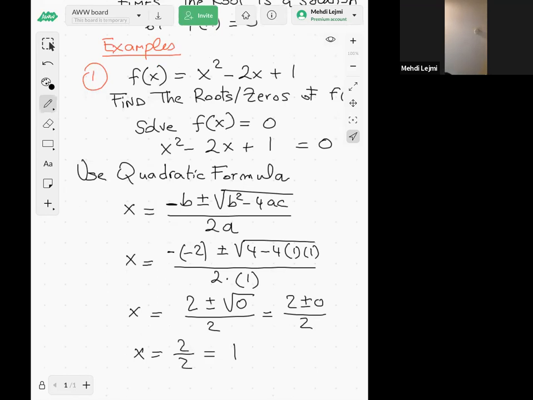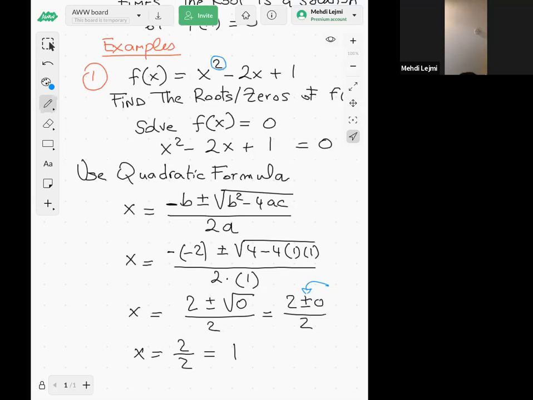You see here, guys, because of the plus or minus, you're supposed to have two possible solutions. Because it's a quadratic function, you have a square. When you have a square, you're supposed to have two solutions.